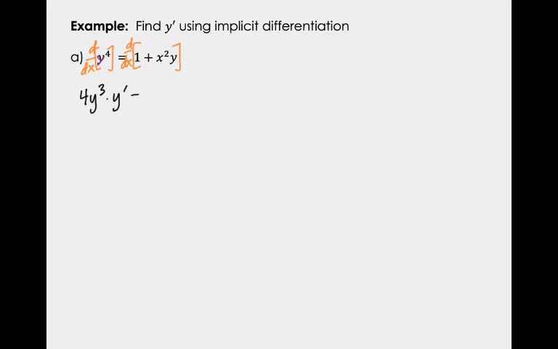Over on the right, I'm going to take the derivative of 1 and get 0. And then I've got this x squared y term here. All right, so that's x squared times a function of x times y. So this one, we're going to need to use the product rule. So there's a plus here, and the product rule says, remember, the first function times the derivative of the second, derivative of y, is going to be y prime.